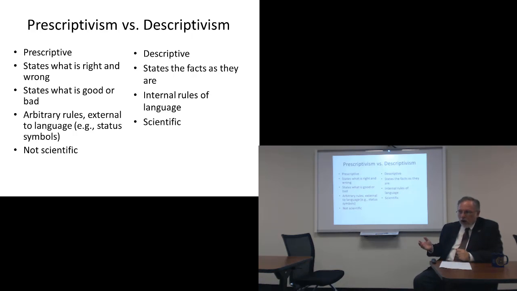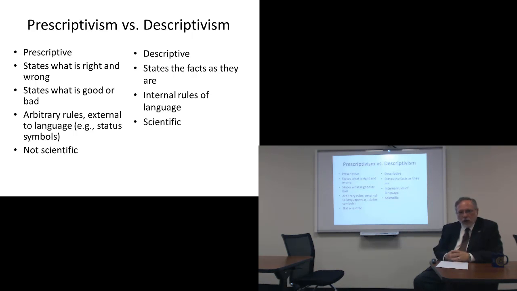Now, the prescriptive approach, on the other hand, is basically when people look at language and say, this is the right way of saying things, or you shouldn't say that because that's wrong. So they'll say things like, ain't is not a word. They'll say things like, don't split infinitives.